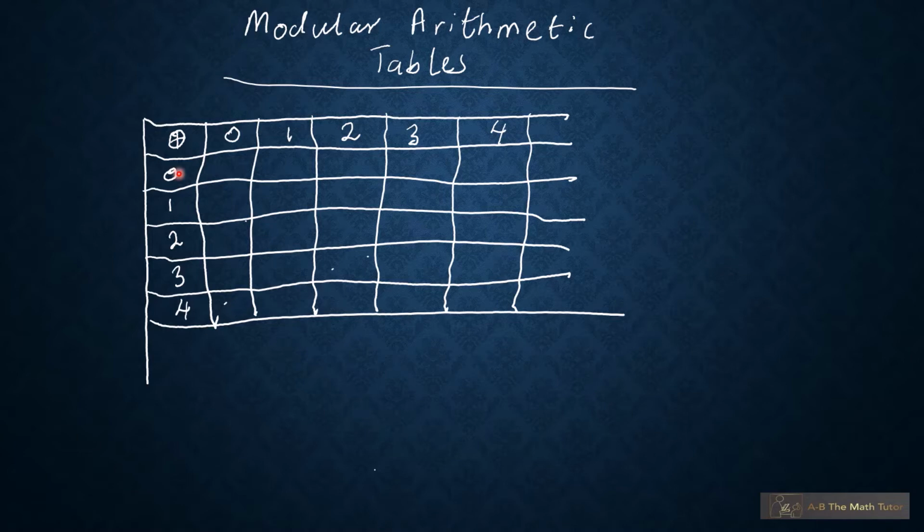So first you perform the operation by putting together the elements of the column and the row. So the operation we'll perform first will be 0 plus 0. We know that 0 plus 0 is 0.